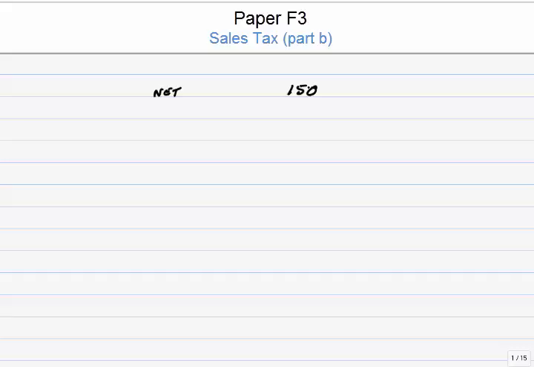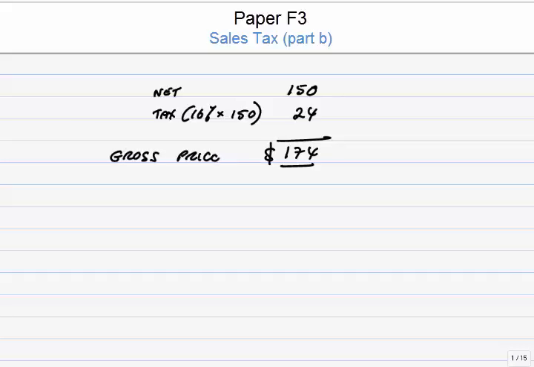By law, they have to add on tax of 16% of $150, and so the tax they'll add on is $24, and so the final selling price, the gross price, or the price including the sales tax, will be $174. So no problem. Got to add on tax at whatever the rate is.